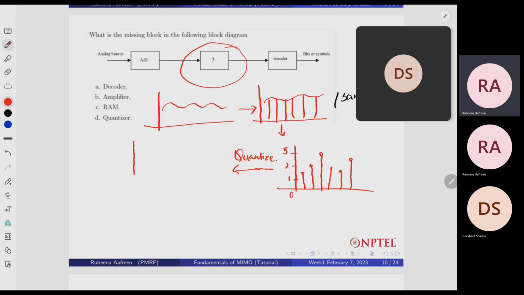So what will be the quantization output? The first symbol we can see is in between 1 to 2. So it will be quantized as 1. Afterwards, the second symbol is approximately 2, a little bit more than 2. So it will be quantized as 2. Now we have 3 quantization levels, 1, 2, and 3. So this will be quantized to 2.